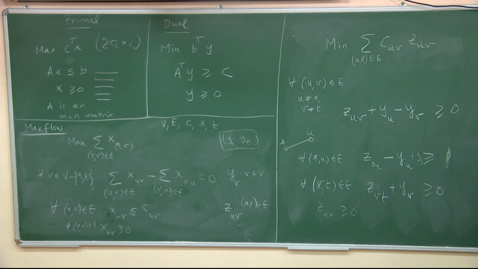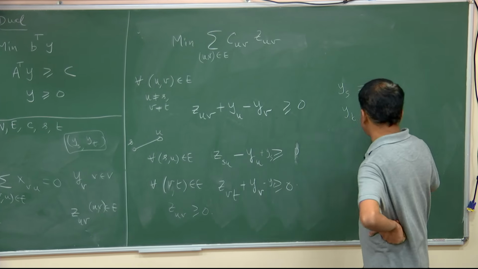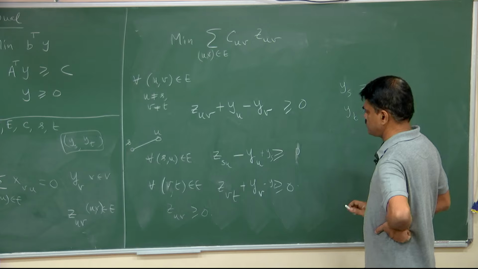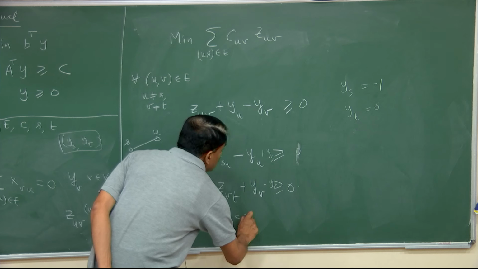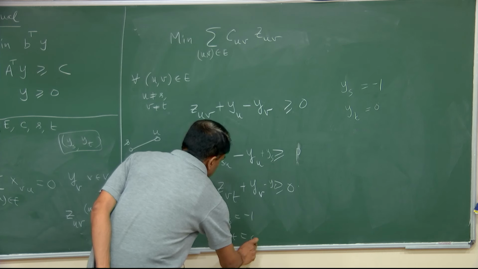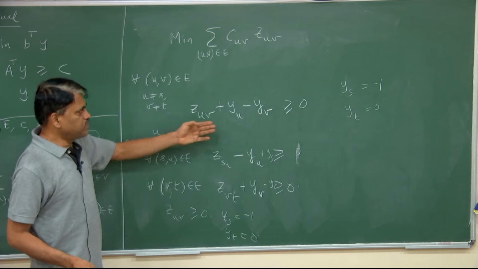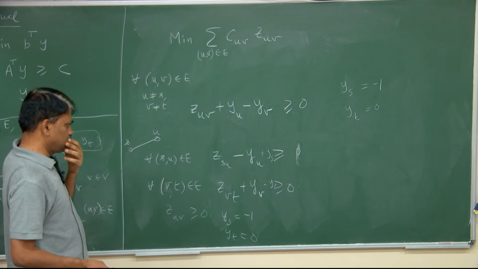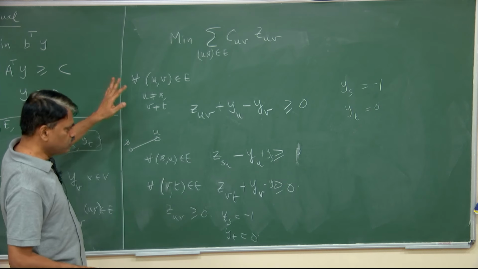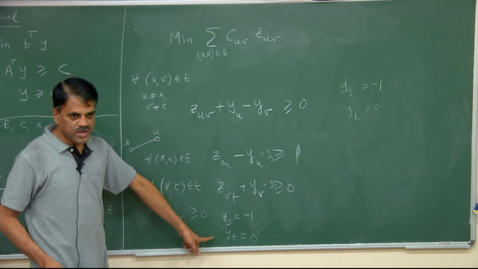And what should I put for YT? I want YV minus YT greater than or equal to 0, so YT is 0. That means all my constraints are, for every edge UV, ZUV plus YU minus YV is greater than or equal to 0. So it's uniform, with this simpler convention of YS equal to minus 1 and YT equal to 0.